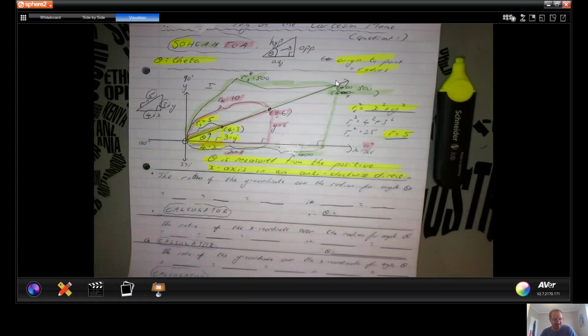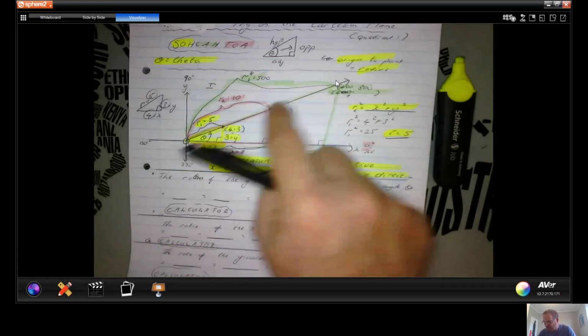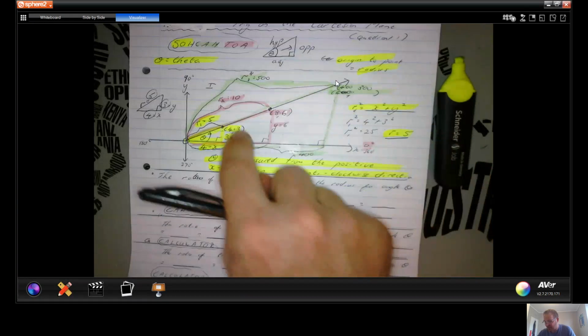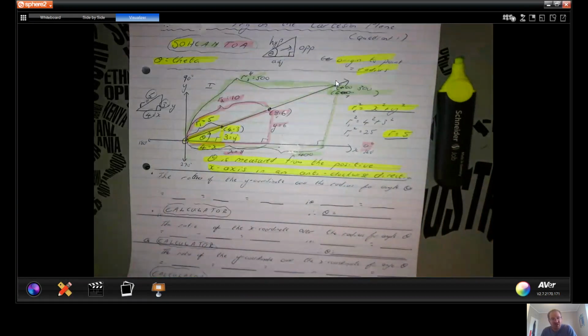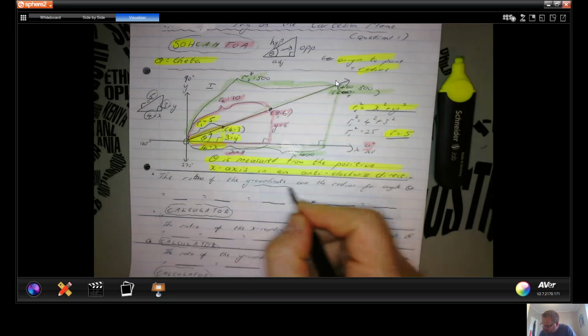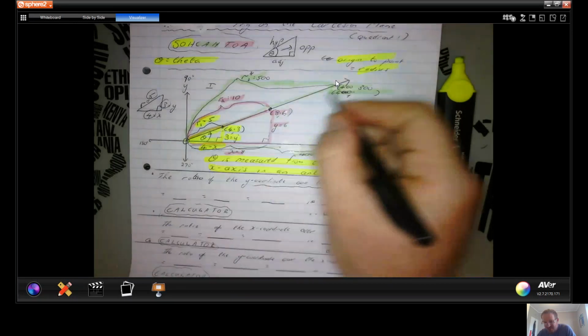So for this angle theta, and this logic works for any particularly sized angle, as long as you're working with points on the same line with the same angle. For a fixed angle, no matter where you are, your ratios for x-coordinate, y-coordinate, and radius are going to stay the same. So I'm looking here at the ratio of the y-coordinate over the radius on this line.